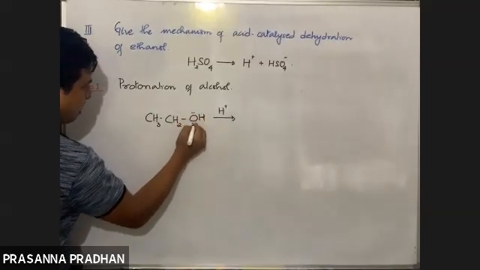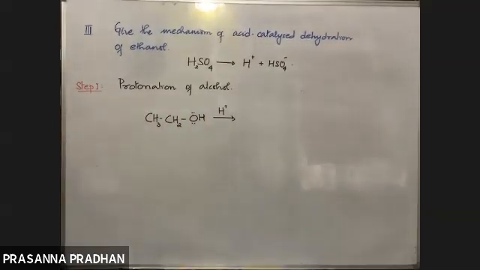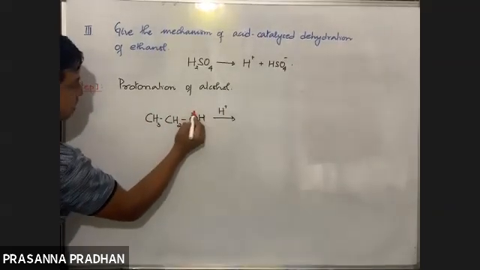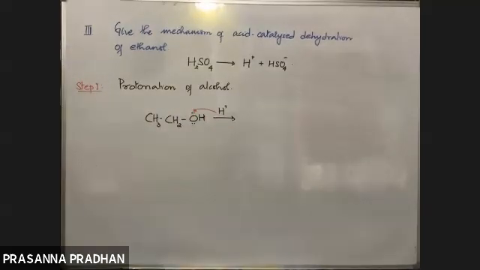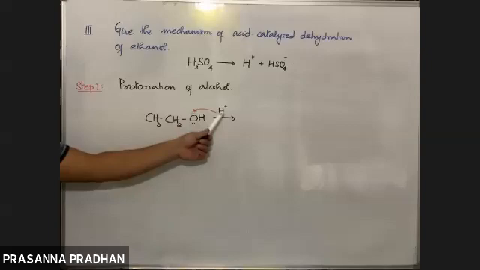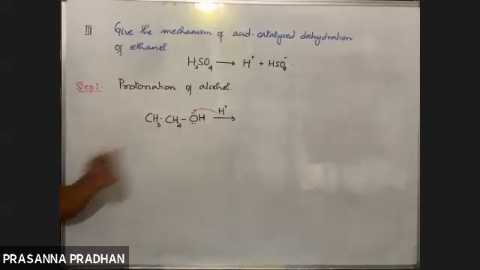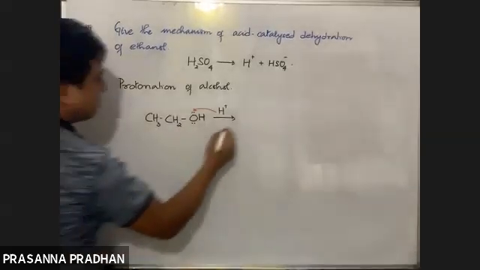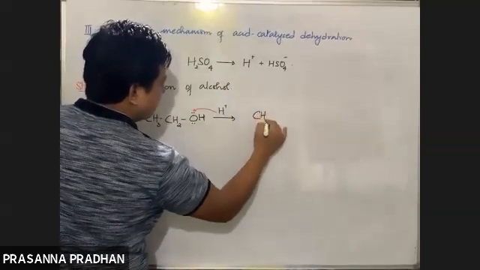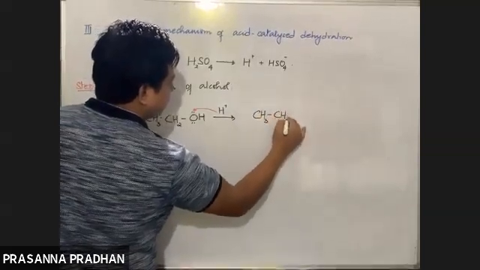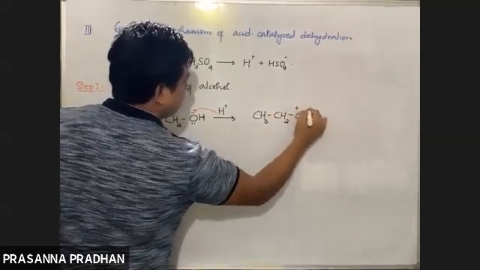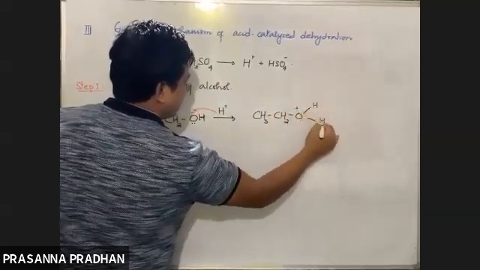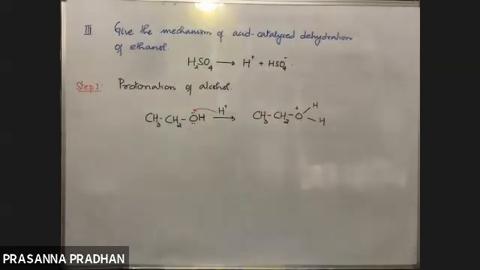So protonation of alcohol means this proton is going to form a bond through this lone pair with this oxygen. Protonation means a proton is going to be attached to this oxygen via this lone pair. So we get CH3, CH2, O, we have a positive charge out here, H. So protonation of alcohols is taking place.